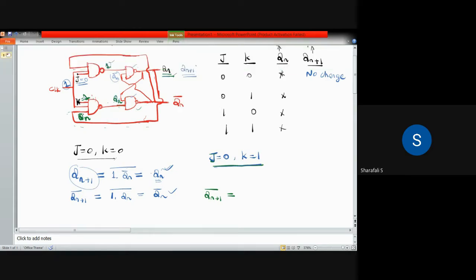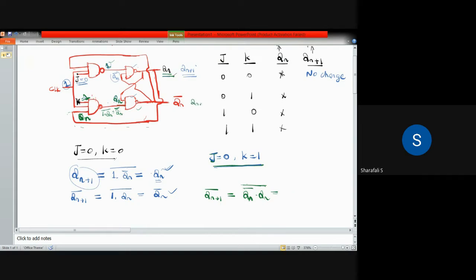So this is Qn multiplied with this one. So this will be 1 dot Qn all bar, and that will give you Qn bar. Now you have to take Qn bar dot Qn whole bar, and that will give my Qn plus 1 bar.